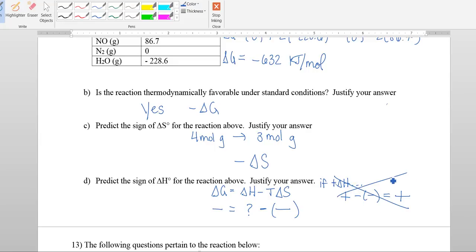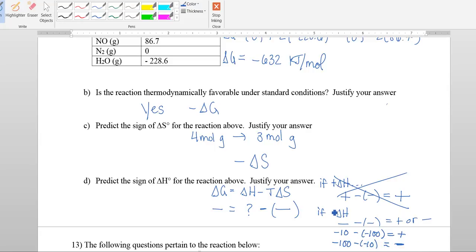So what if delta H were negative? Then you could have a negative minus a negative, and that could sometimes end up being positive or negative based on how big these numbers are. If it was negative 10 minus negative 100, this would give you a positive value, but if it was negative 100 minus negative 10, that would give you a negative value.